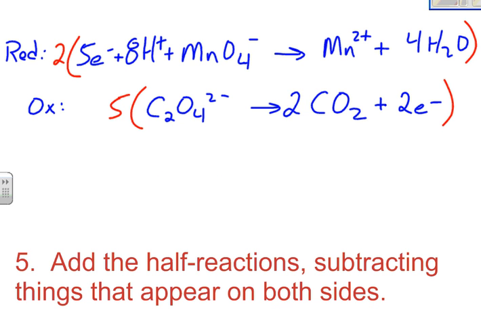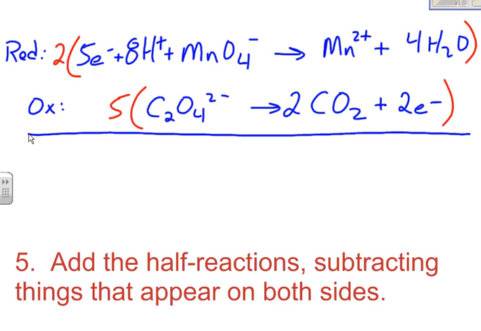Now we're going to add the reactions together, making sure that we take off things that appear on both sides. And so I'll just be a little careful with my math here. Maybe I'll go through and do the balancing here first.